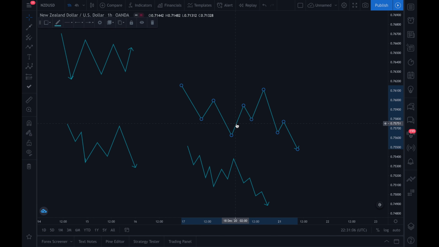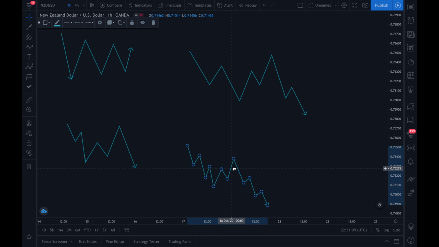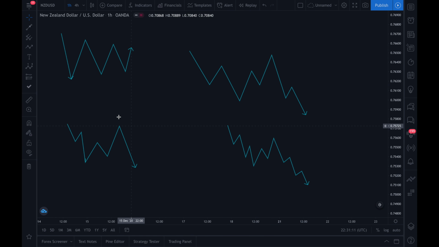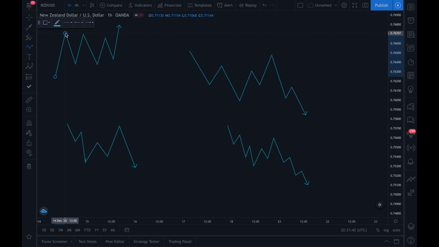I'll just move this higher up here and bring this across. So we have this triangle, and A, B, C. Right, so let's get started and dive into the correction waves.